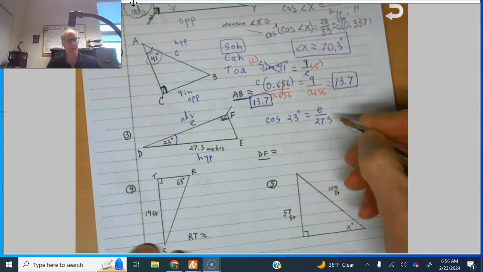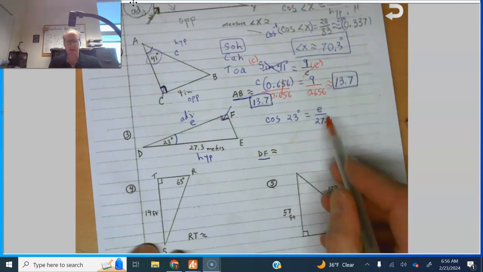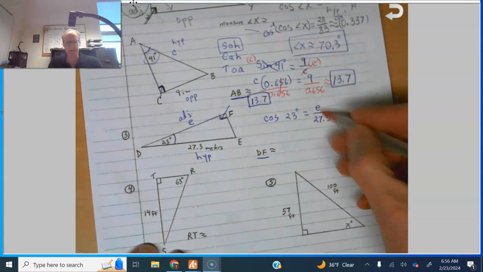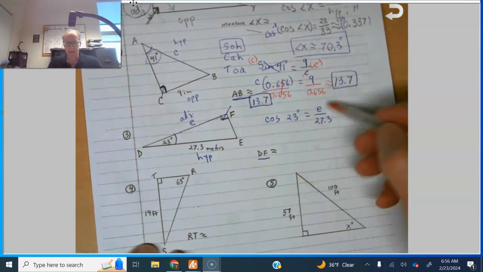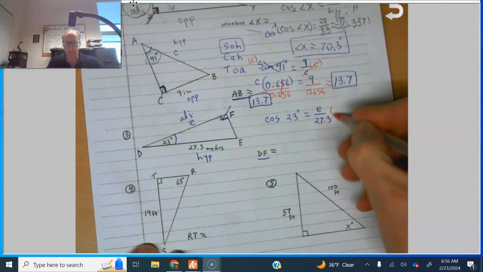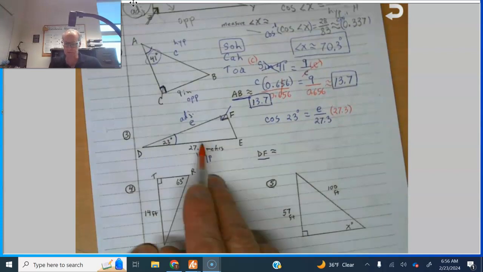Now, a few people have turned their brain off and they just want to do what I did up here. No, I want to get E by itself. That means I have to do the opposite of whatever's happening to E. E is being divided by 27.3, so I have to multiply by 27.3. Notice how different number 2 and number 3 are.